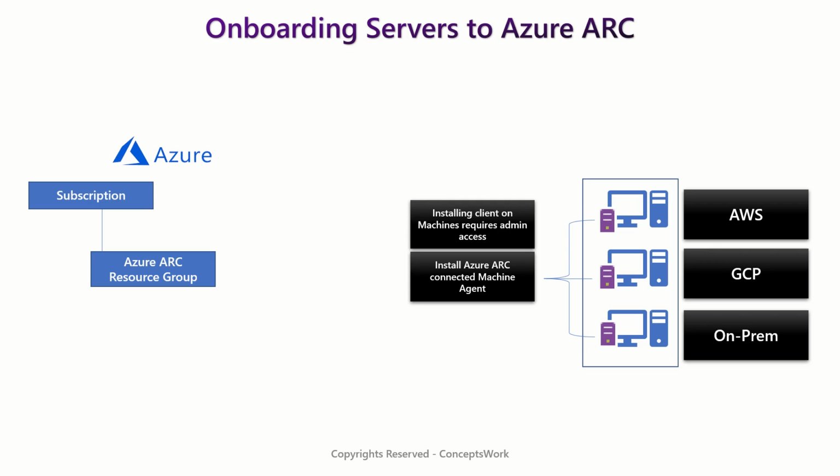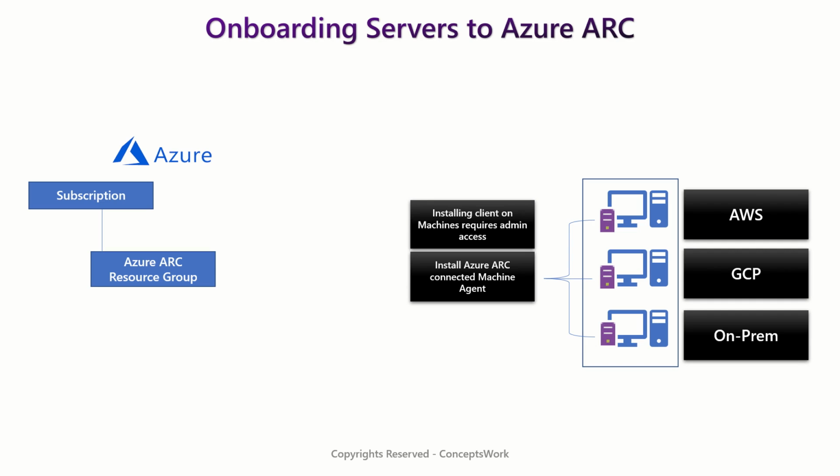There are different implications of all these roles, and an attribute which contributes to the functionality of a role is what we call scope. If a role is scoped at the subscription level, then it inherits all the permissions to all the resource groups which exist in that subscription.